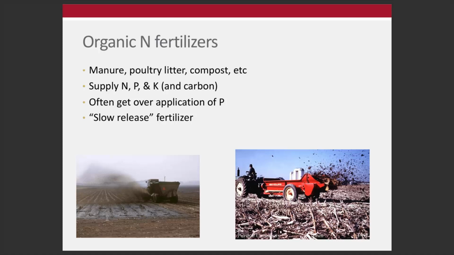But it's common in systems that utilize manure for application of P, for phosphorus, to be over-applied and built up in soils. So constant application of manure, especially when it's applied at rates to meet nitrogen demands of crops, can often load phosphorus.